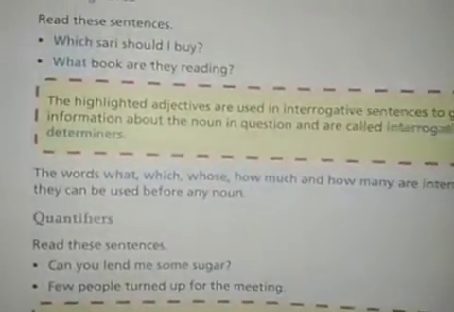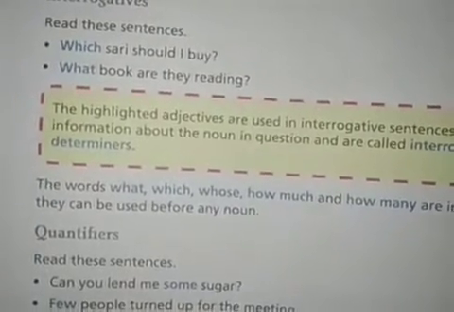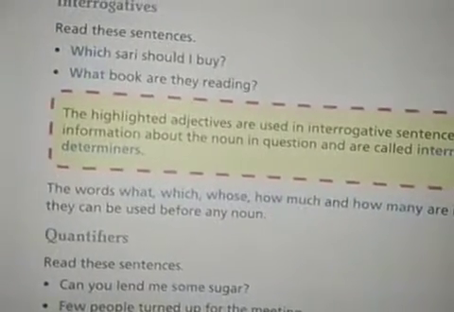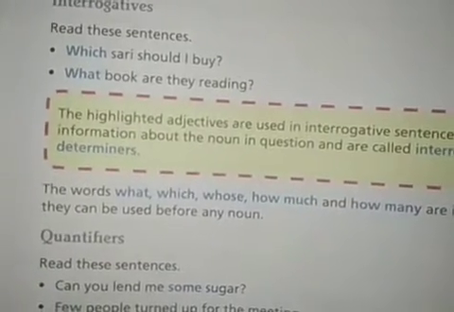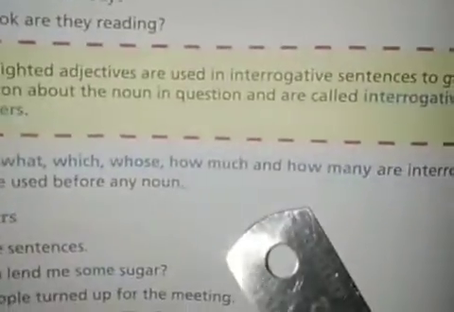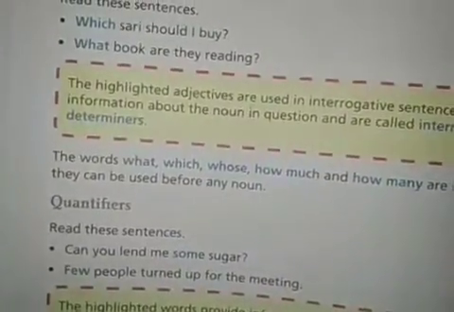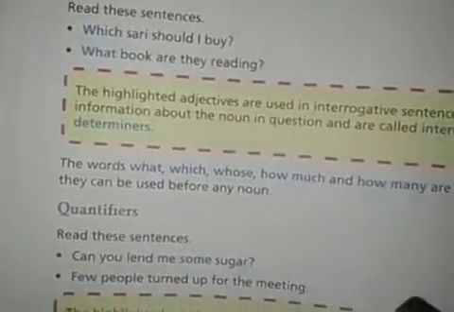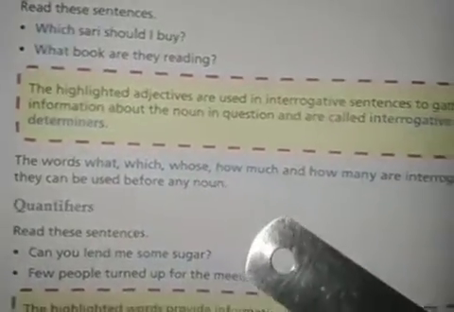These types of words are known as interrogatives because they are used to ask questions, right? And as they are used to write interrogative sentences, they can be used with any noun. Okay, whatever noun can be there. These types of interrogatives are known as interrogative determiners, which can be used with any noun.